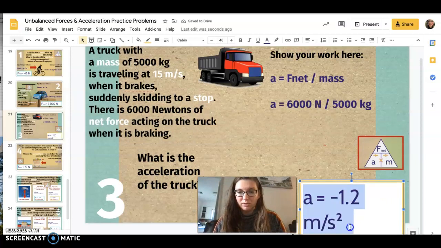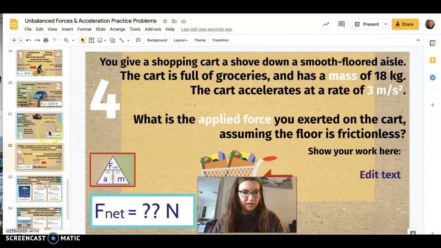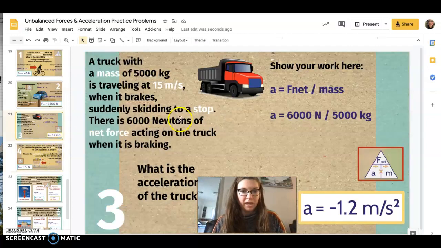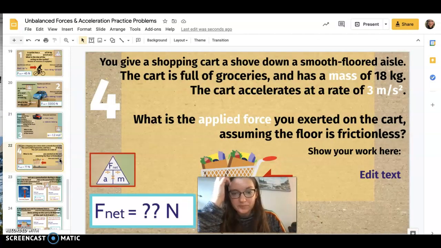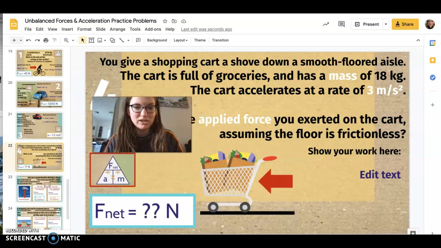So negative 1.2 meters per second squared. Yeah, and remember, negative acceleration is the same thing as deceleration.